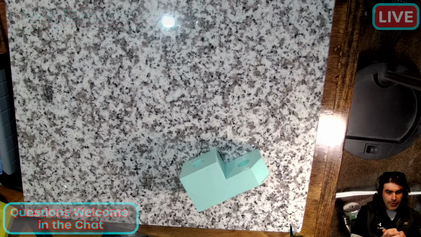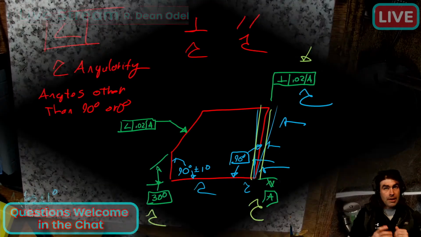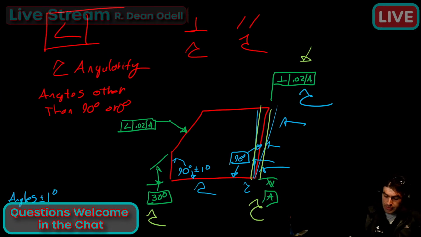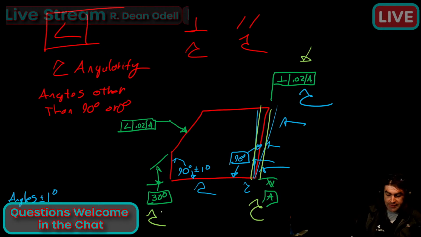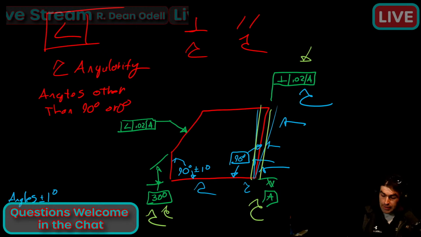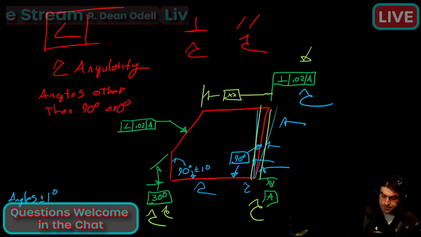Now, what angularity can't do is control the location of the surface. The number one thing I see is people putting a plus or minus dimension for the angle. That doesn't make sense in this case. The other one is using basic dimensions to locate the surface.